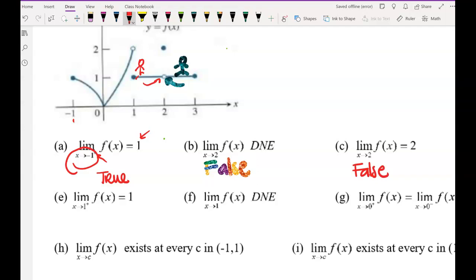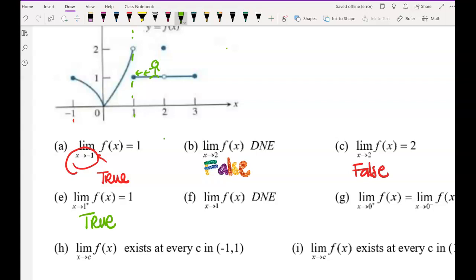E, true or false, the limit as x approaches 1 from the right of our function f of x is 1. So remember, let's go find where x is 1, right here. Right side, students, meaning you're standing on the right, we're getting closer, and that is definitely true. The y is 1, we're approaching 1.